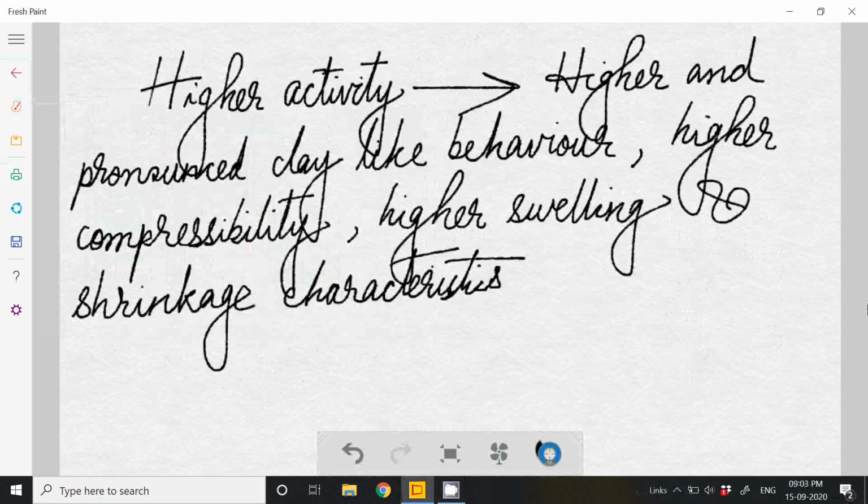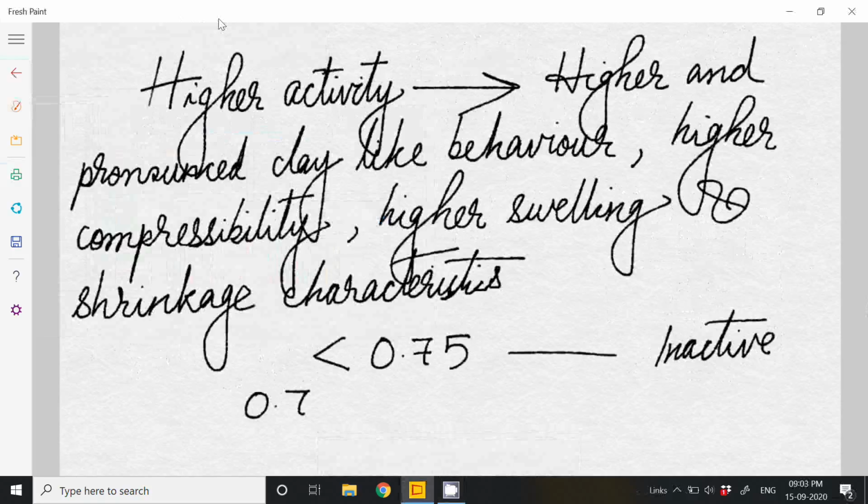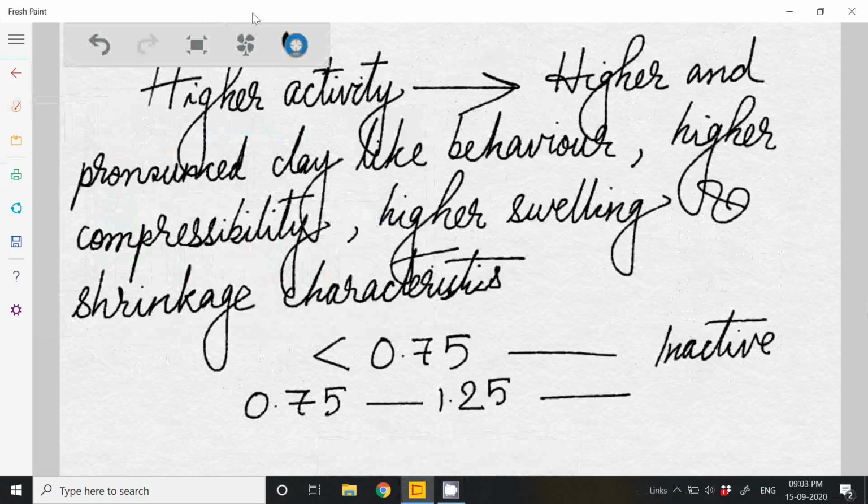Okay, there are some ranges that are very important. If the activity is less than 0.75, then the soil is not that active, so we can say it is inactive. If it is between 0.75 and 1.25, then it is active in a normal way.